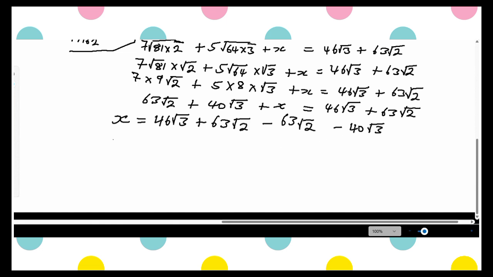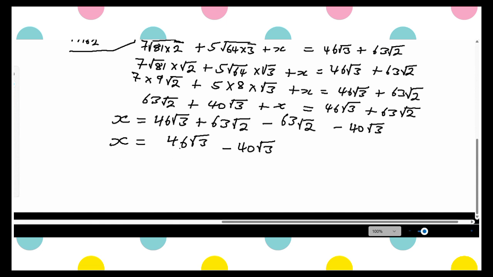Then our x is going to be 46 root 3, and then 63 root 2 minus 63 root 2 is going to give us what? 0. Then minus 40 root 3. Note that 63 root 2 minus 63 root 2 is 0, and 0 is insignificant. You can decide to write it or not.